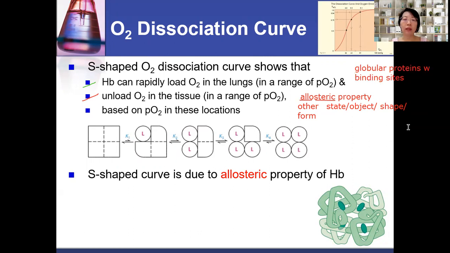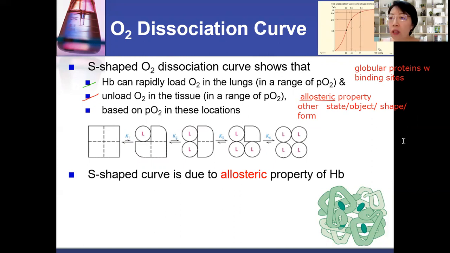The globular proteins, you name it, wherever you can find them in our body, whether it's inside the cell or outside the cell, if it's a globular protein with a binding site, then it will have this allosteric property. Allosteric means taking other kind of state, means other kind of shape.